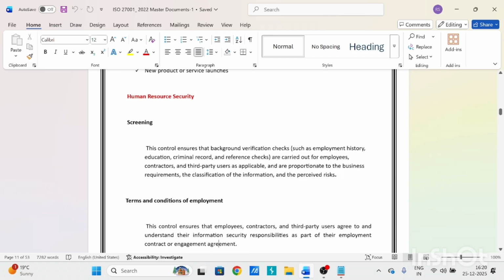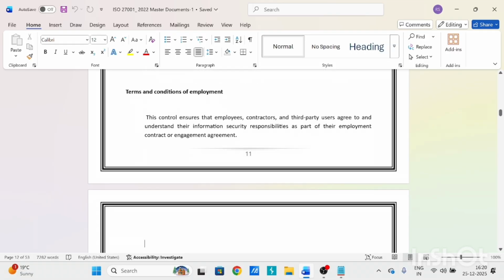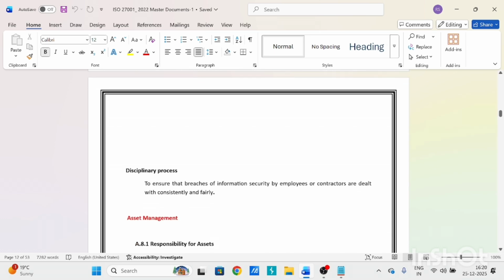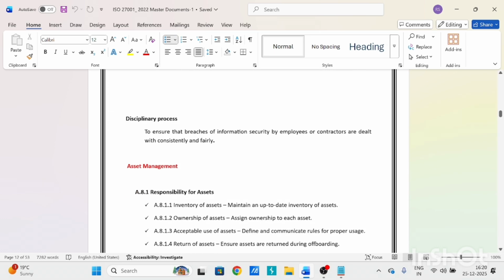Now, what are the terms and conditions of the employees? The terms and conditions include particular security responsibilities. Whichever employees are going to take care should sign the non-disclosure documents. Also, they need to have a disciplinary process.